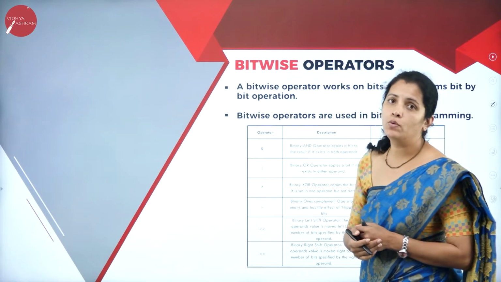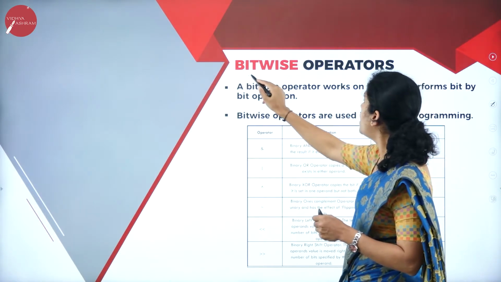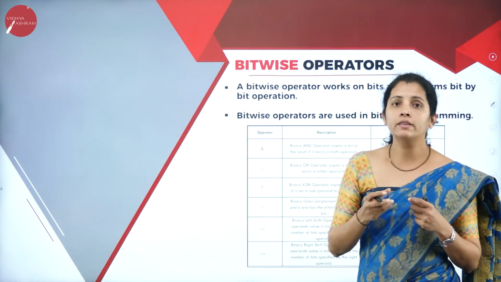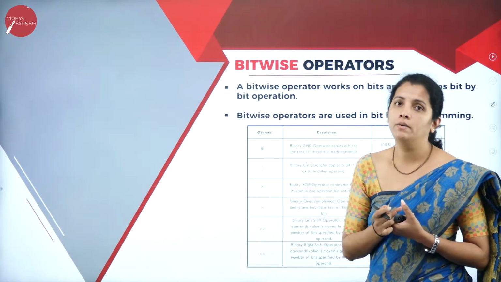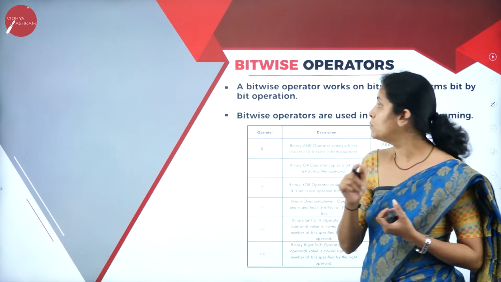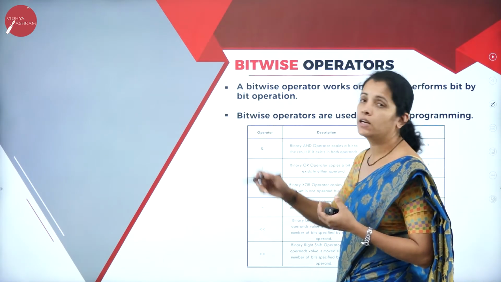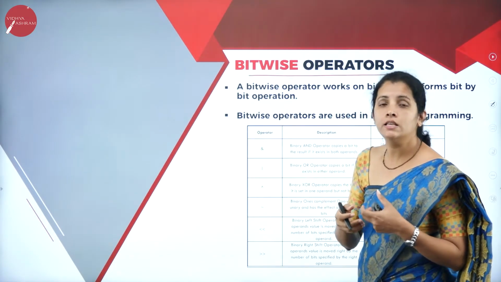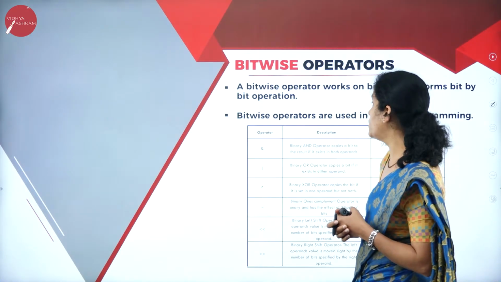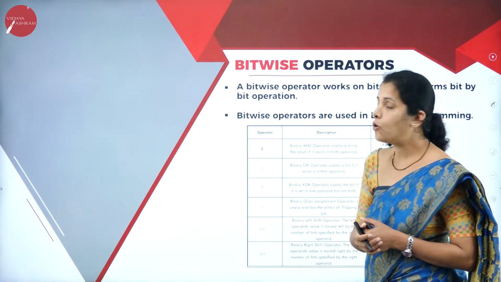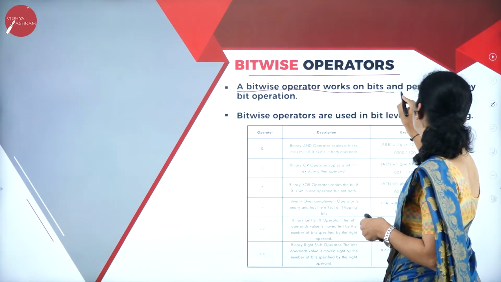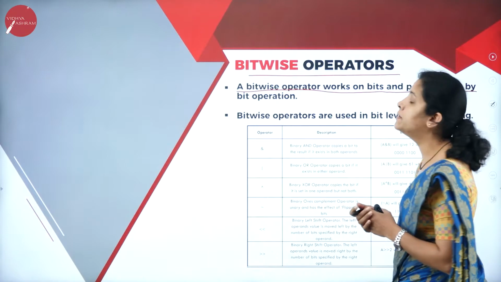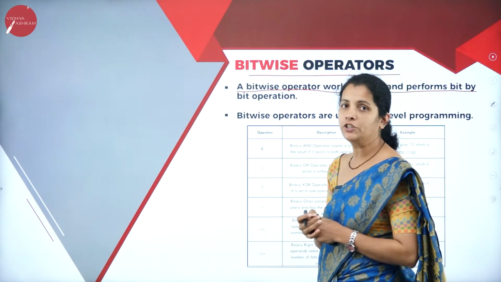Moving further, I'm going to have the bitwise operator. Before that, what is a bit? Here zeros and ones are called bits. To represent these zeros and ones, I'm going to have the bitwise operator. A bitwise operator works on bits and performs bit by bit operation.